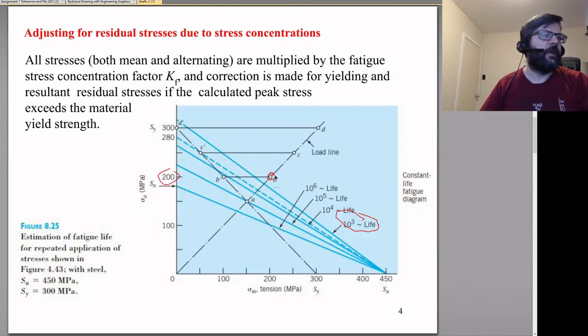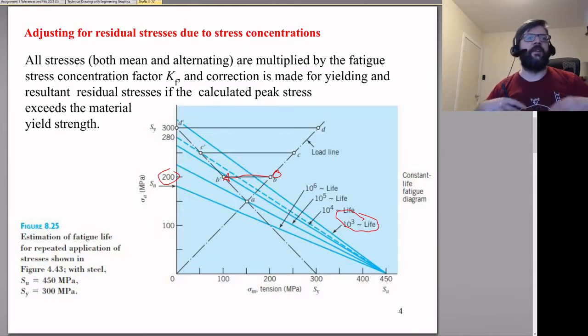Whereas if we do take that into account, it shifts our operating point over to this B prime here, and you can see the B prime point is between the 10 to the 5 and the 10 to the 4 line, fairly close to the 10 to the 4 line.